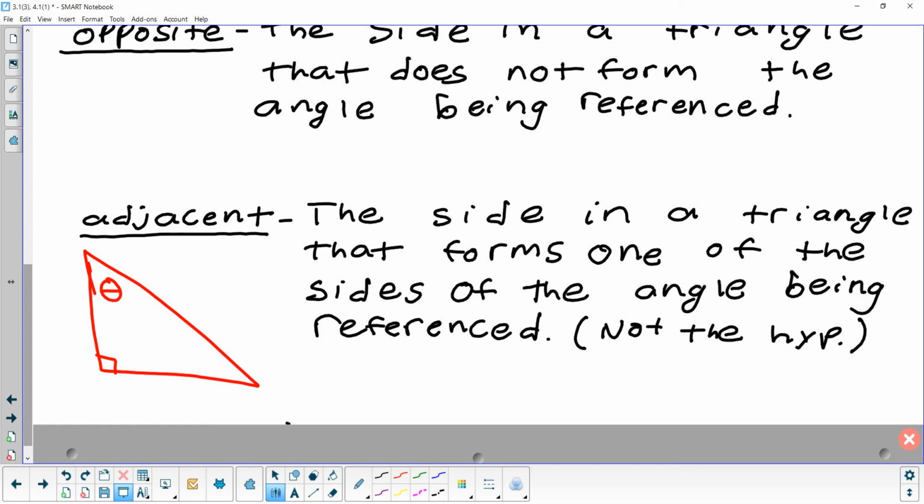Well, that's facing a different way now. Now opposite is the bottom, and adjacent is the height. Okay, so any questions on those two words, opposite and adjacent?